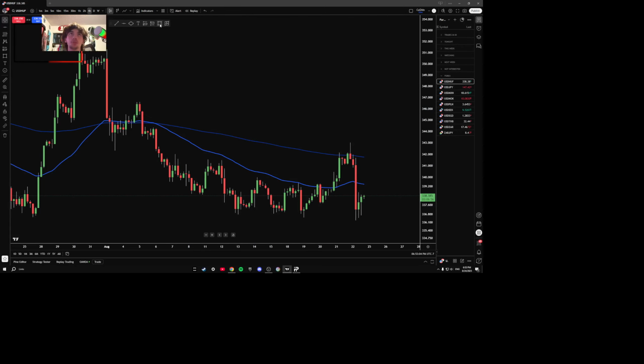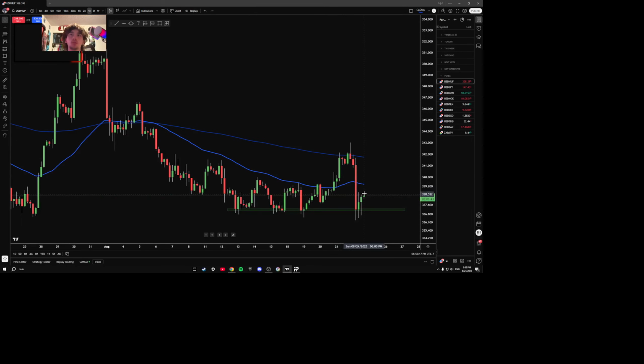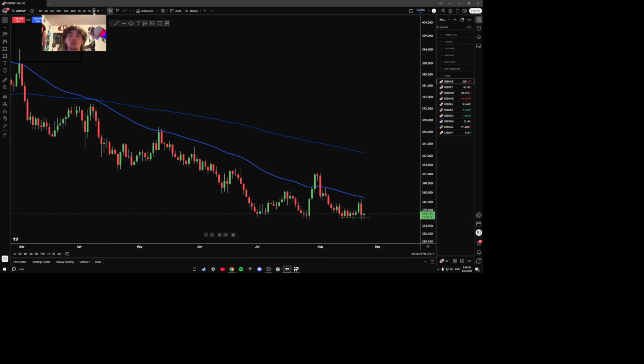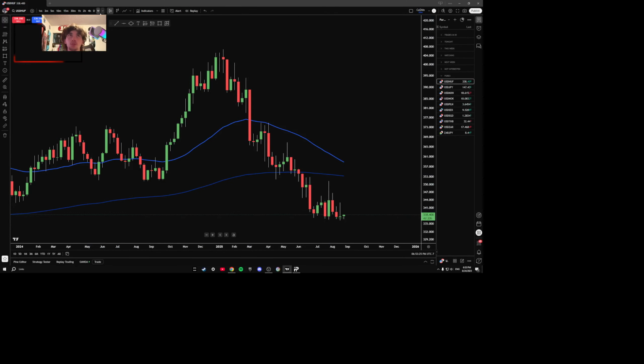Good 4 hour. Good 2-hour entry. Good doji.